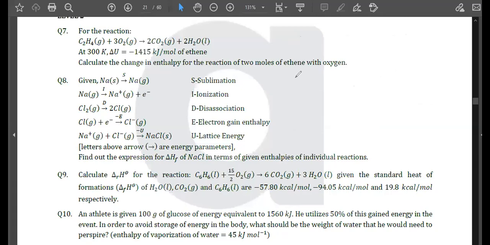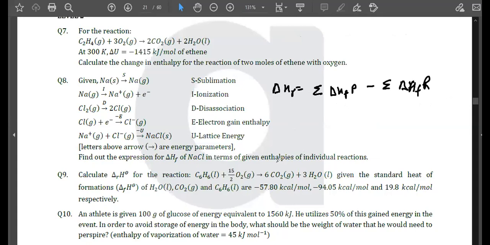Now method 2. Why did I teach you method 1? Because it is a basic method. But since heat of formation is given, delta H reaction is equal to summation of delta H formation of product minus summation of delta H formation of reactant.